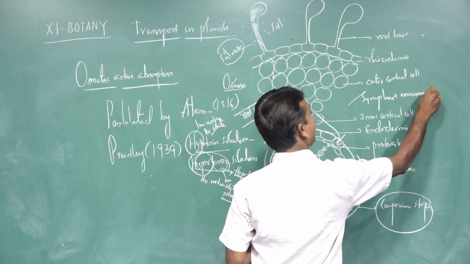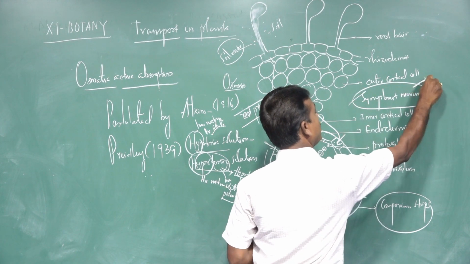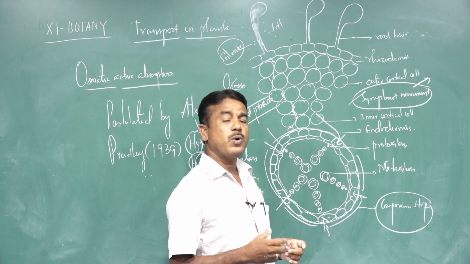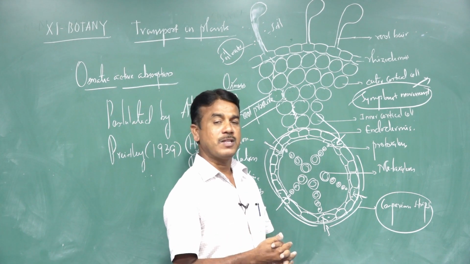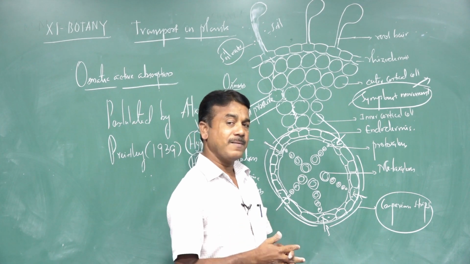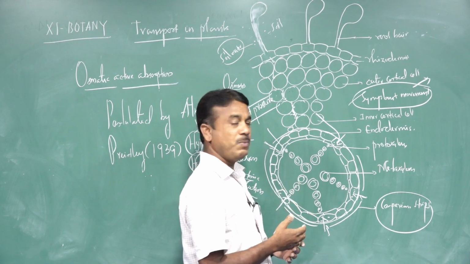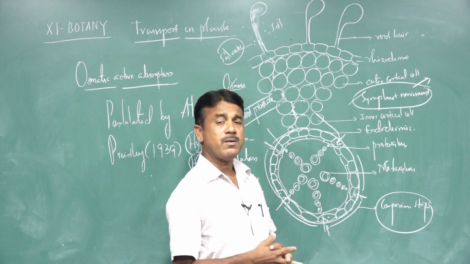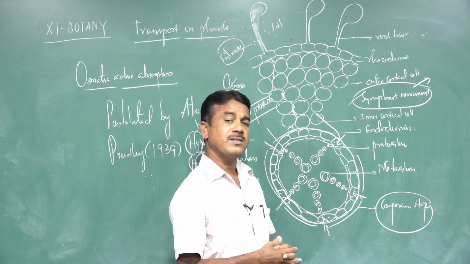So the water is taken up through the pathway commonly called the symplastic pathway. What is the meaning of the symplastic pathway? We already discussed it, but I want to clarify once again what symplastic movement is.